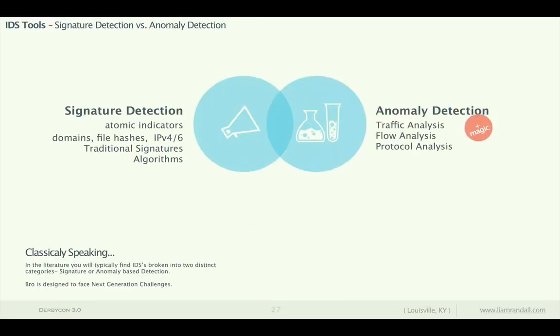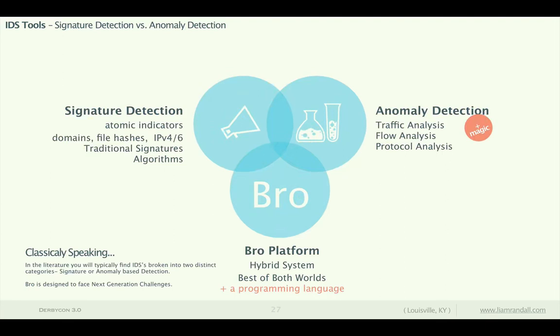So when we consider traditional intrusion detection systems, let's take a step back and just look at it from a very high level. Classically speaking, if you read the academic literature, if you study this professionally, you'll find that usually IDSs are broken down into two distinct and separate categories. You've got your signature-based IDSs and your anomaly-based IDSs. Your signature-based detection are the things that you typically think about.